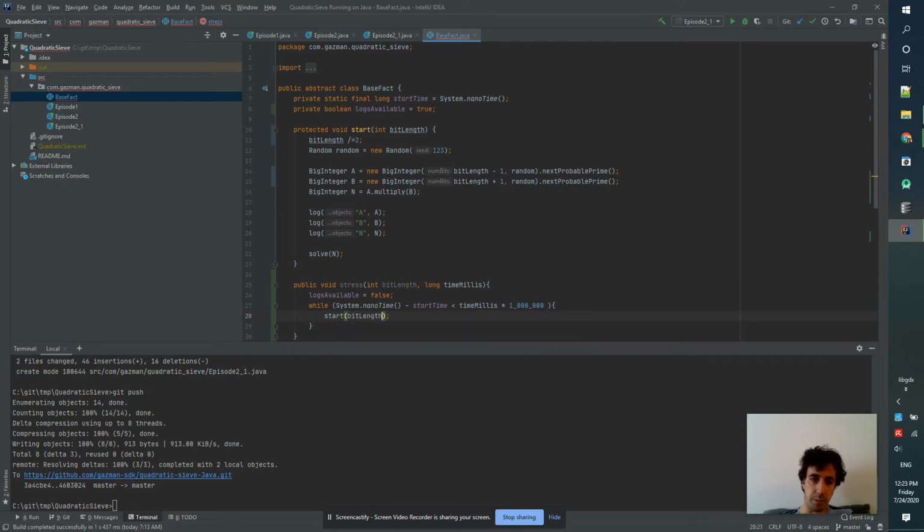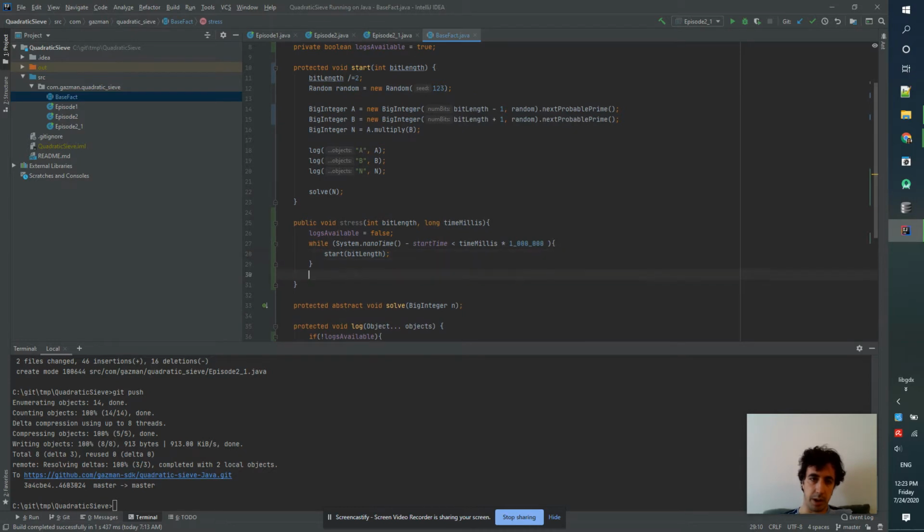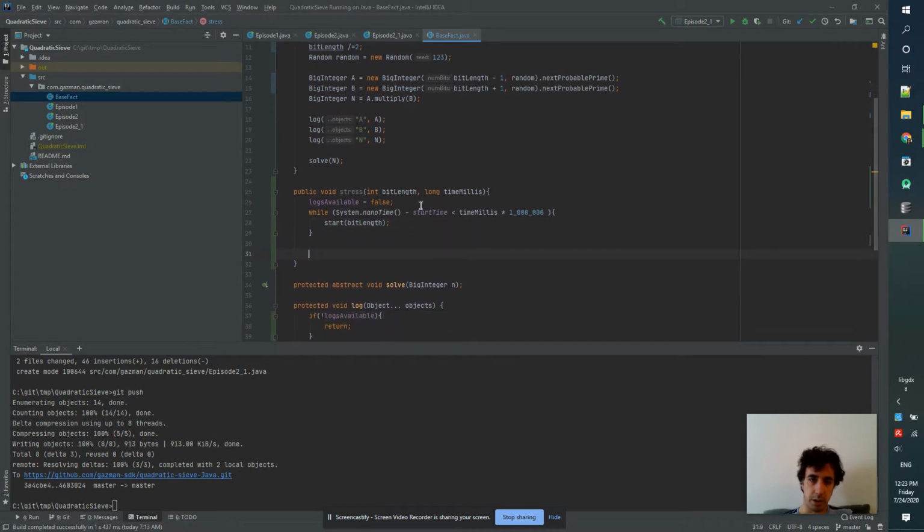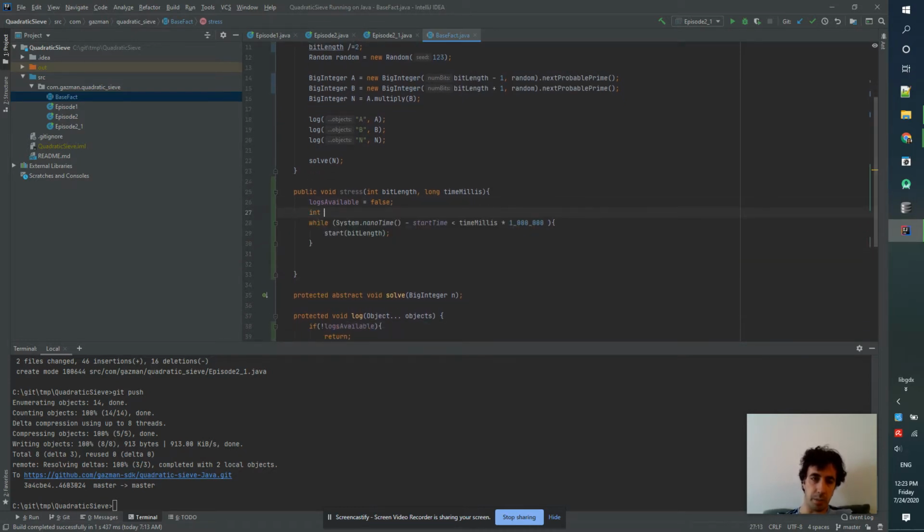Our logs are disabled, and when it's done, let's count how many we made.